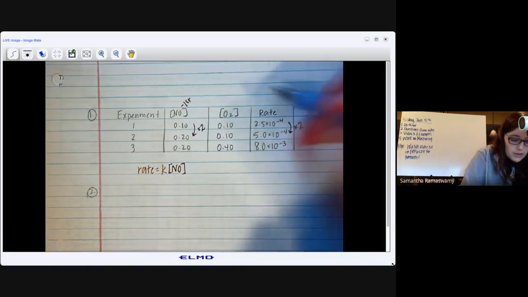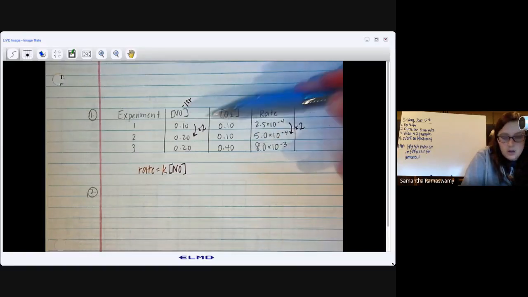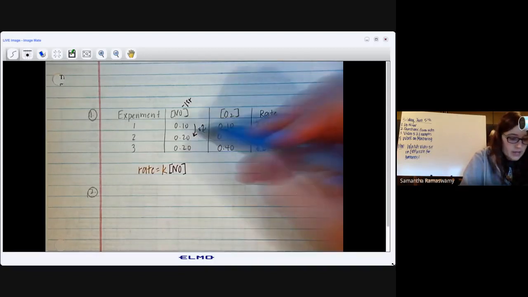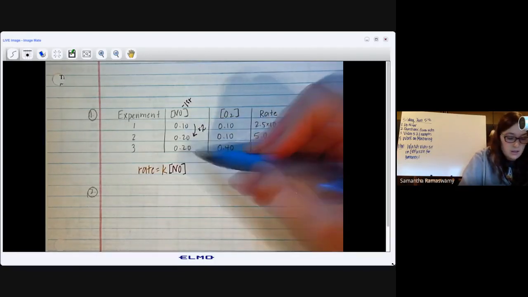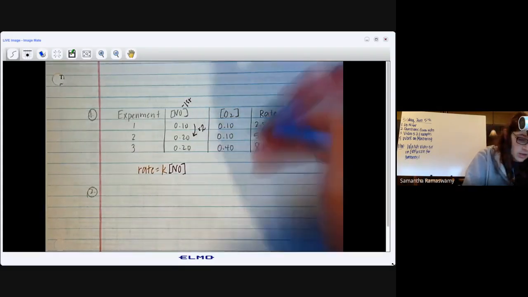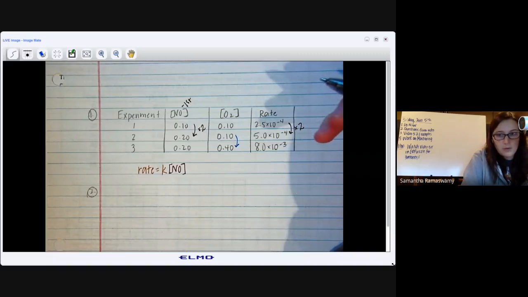Then we look at O2. I want to see, where does O2 change, but NO stays constant? I initially see, well, from 1 to 3 it changes, but NO isn't constant. From 2 to 3, O2 changes and NO remains constant. So from 2 to 3, we go from 0.1 to 0.4.